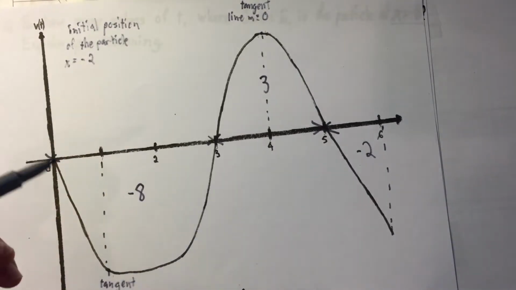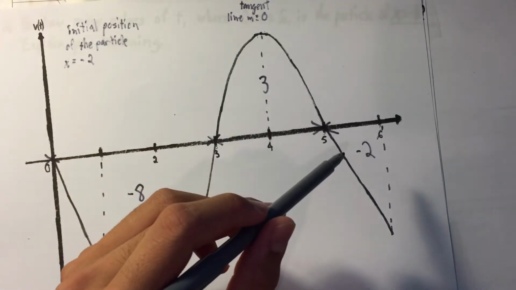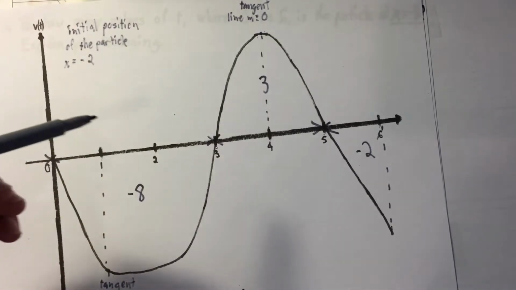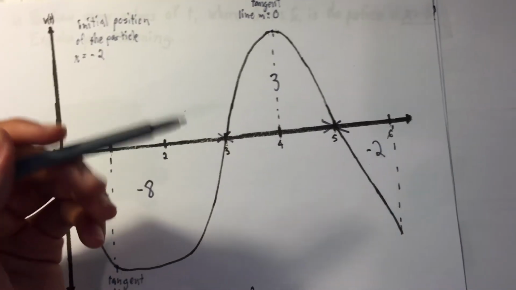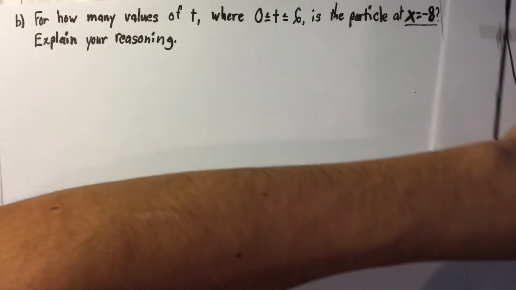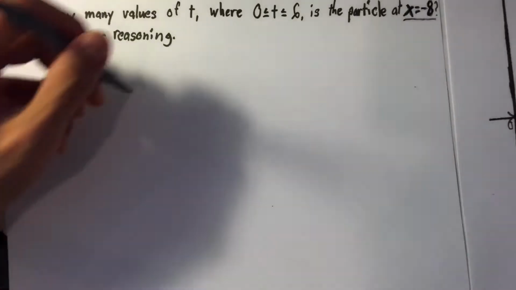In addition, we are given that the areas are -8, 3, and -2 for the different regions. By adding the initial x value and the areas together, we get the positions of the particle, just like we did in part A. So by doing this, we end up getting the values we had seen in the past.